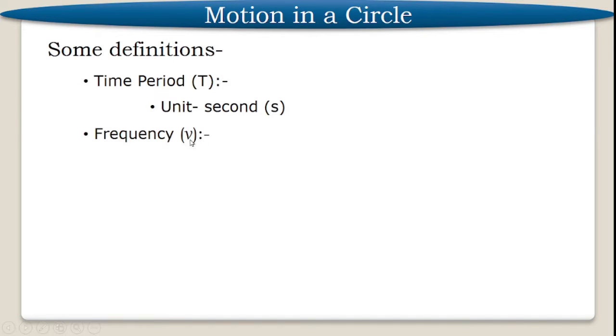Generally it is denoted by nu. Somewhere it is denoted by small f or small n, and its unit is cycle per second or hertz, and hertz is denoted by Hz.